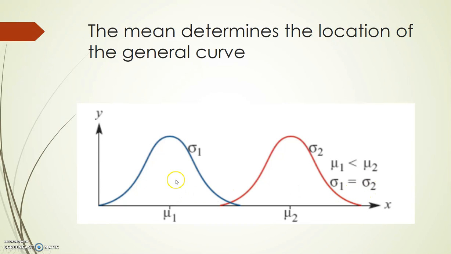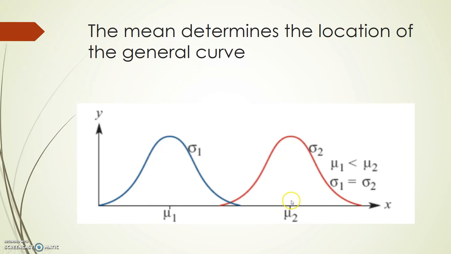You'll notice in looking at both of these curves that they are both the same width, because the standard deviation determines the width of the curve. However, the means are different. The mean of the first distribution, the blue distribution, is less than the mean of the second distribution, the red one. And you'll notice when you look at the curves, they're in different locations.